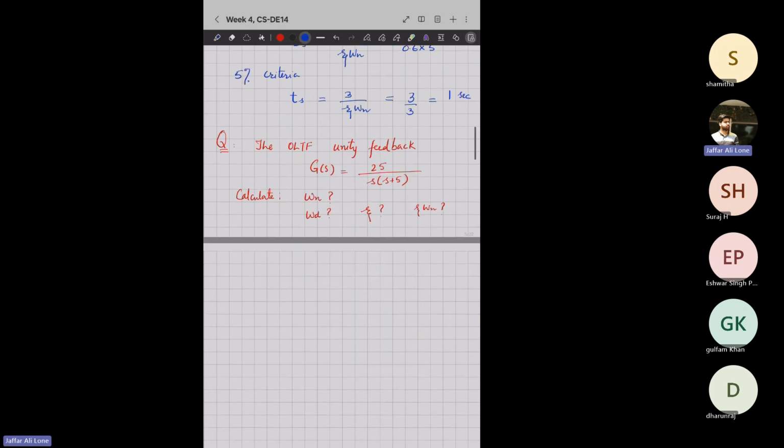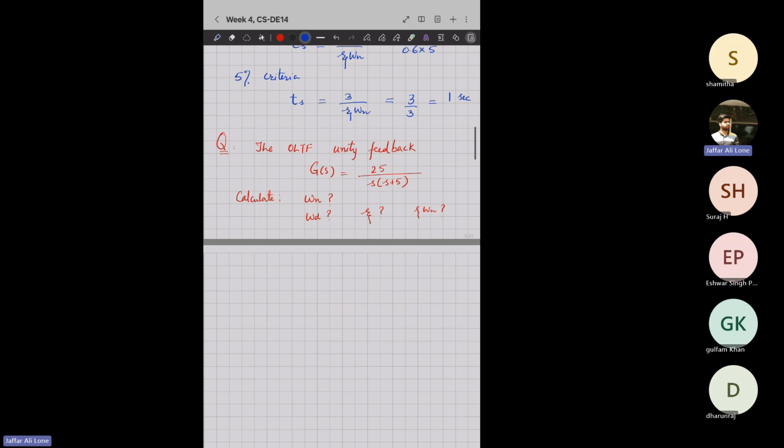See, this type of question is also in your assignment, but differently asked. You are given an OLTF, which is G of s, 25 divided by s into s plus 5. But you know the standard form transfer function of a second order system, that is basically the CLTF, right?